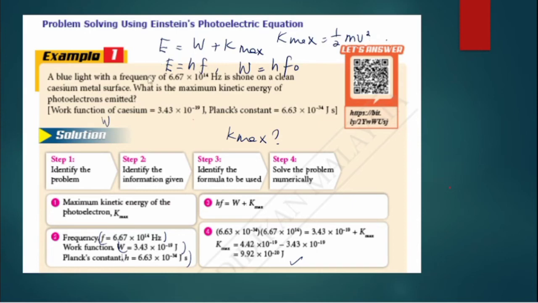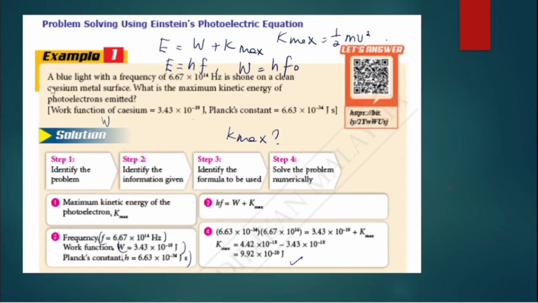When we discuss one photon, the energy of one photon E equals hf, and the kinetic energy here is the kinetic energy of one electron, or photoelectron. Work function equals hf0.